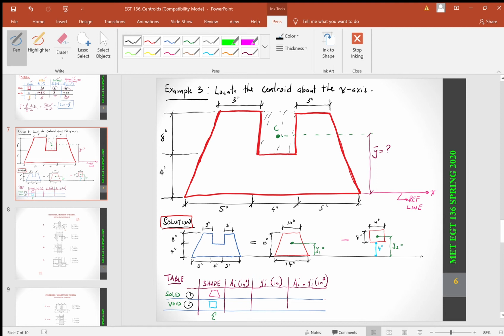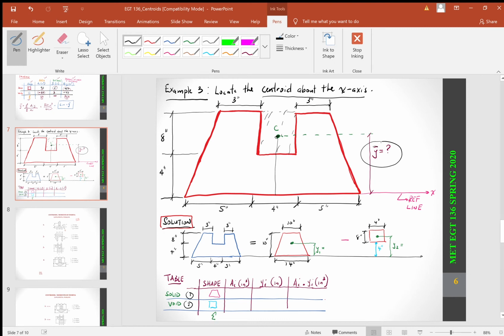Again, we want to be able to locate the centroid about the x-axis, so we need to find this centroid. The distance from the centroid to the x-axis is denoted by y bar, and this is your reference line because everything is about the x-axis.